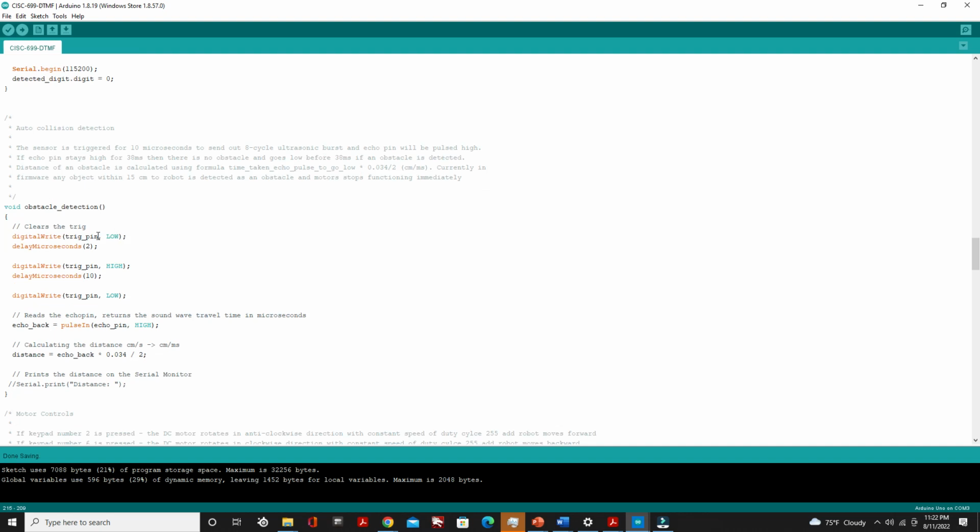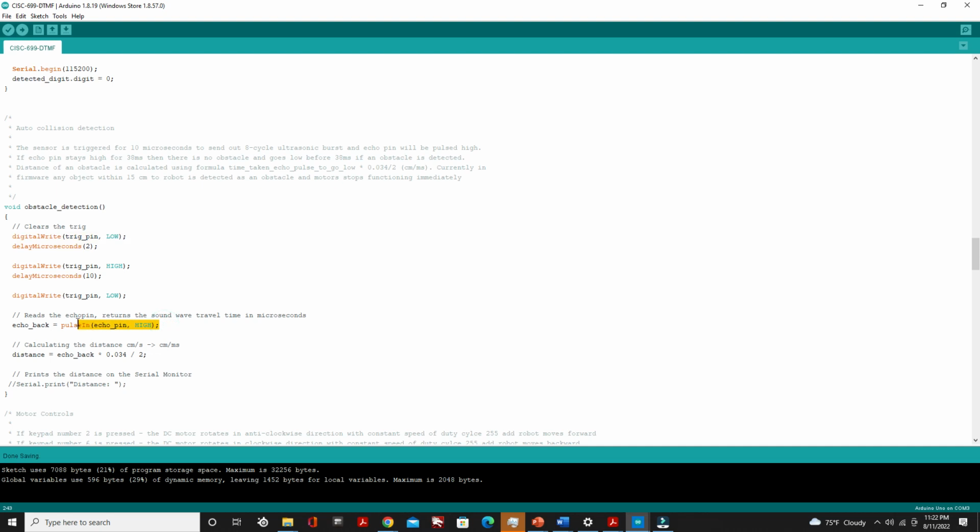Here first I clear the trigger pin, and then I pull the trigger pin to high for 10 microseconds. That actually sends the 8 cycles of ultrasonic burst, and then I pull the trigger pin to low.